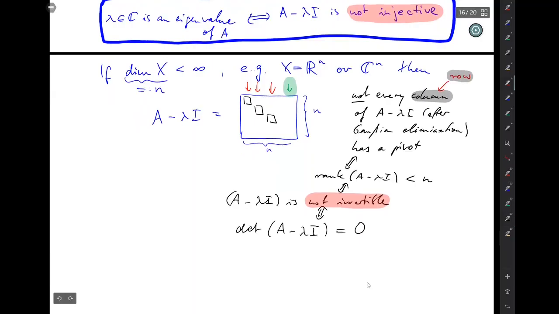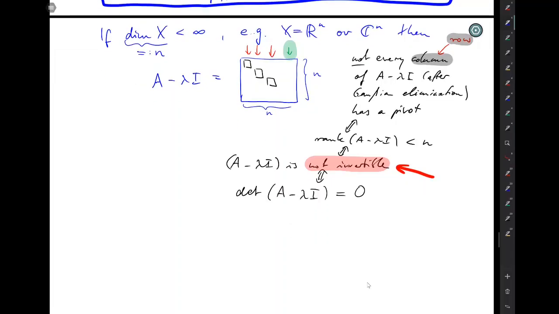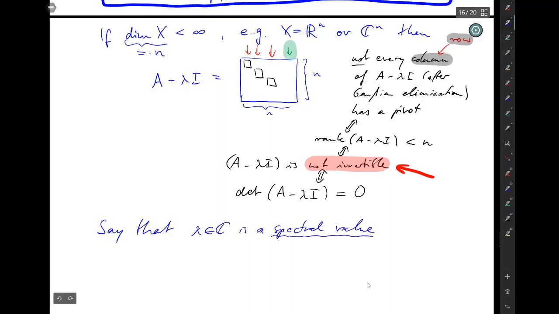Nevertheless, this property here is the starting point for a new definition. We say that the complex number lambda is a spectral value of A if A minus lambda I is not invertible.